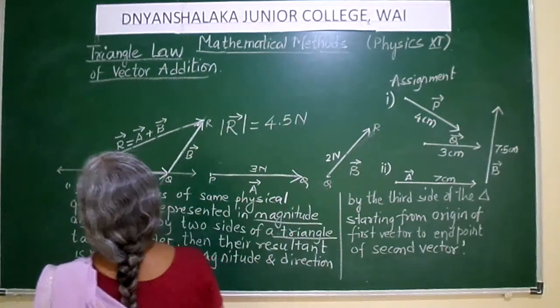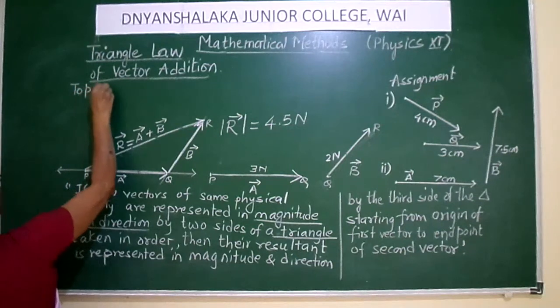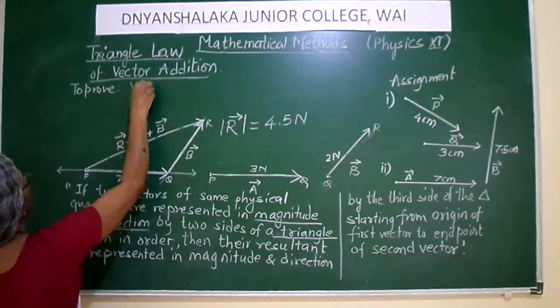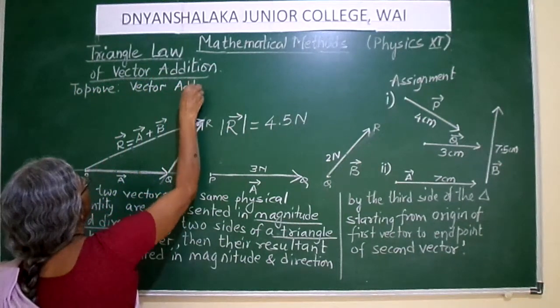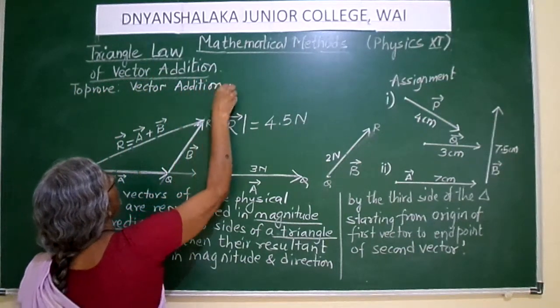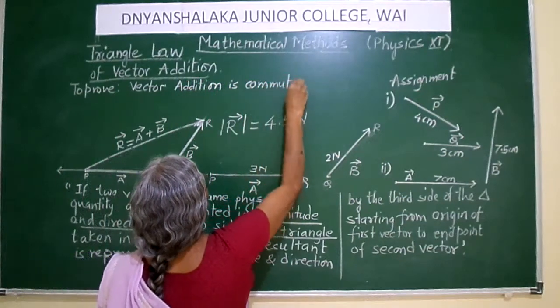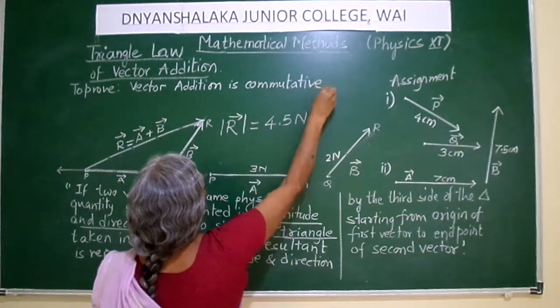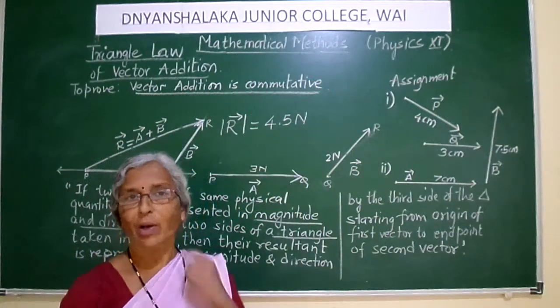From this triangle law, we are going to prove vector addition is commutative. What are we going to prove? Vector addition is commutative. Okay.